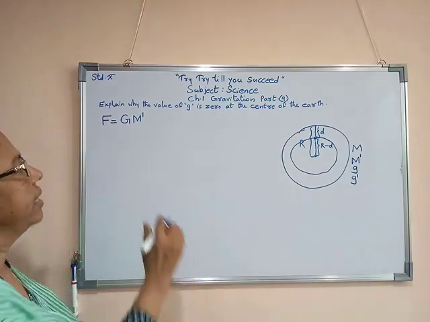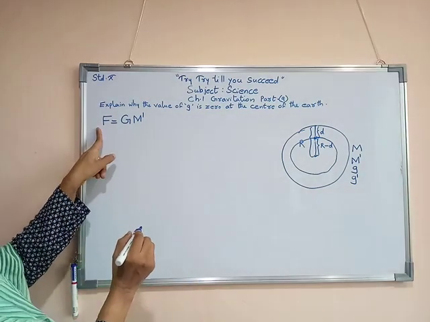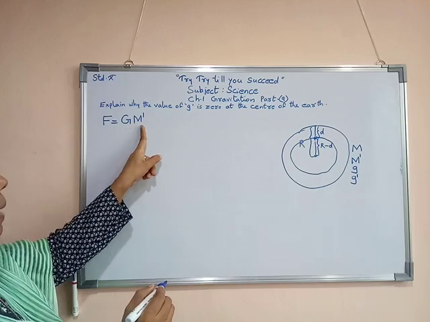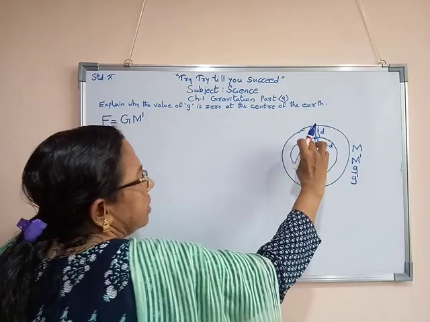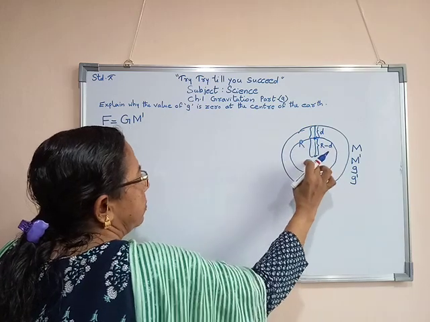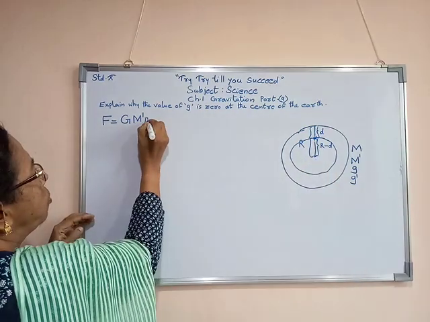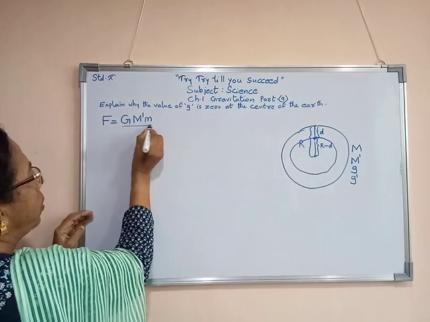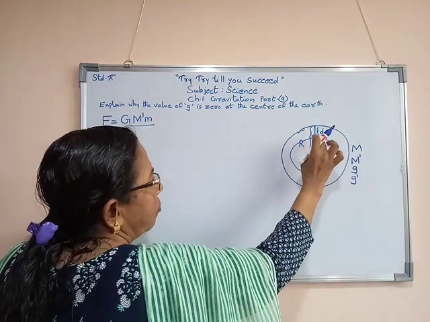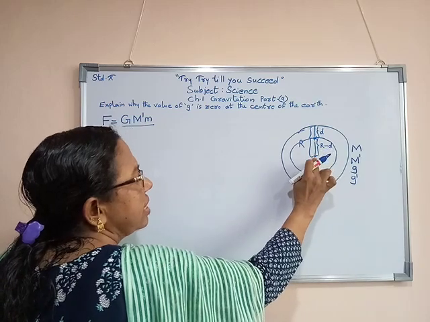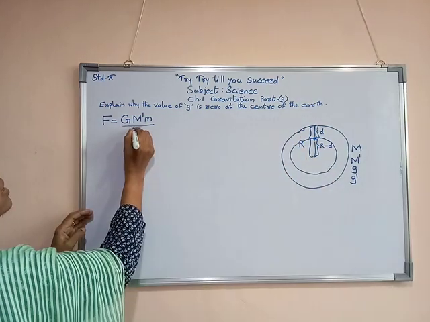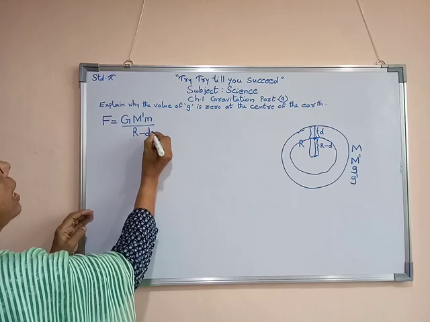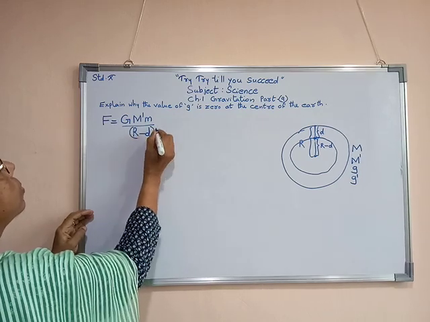For finding that, which formula are we using? F is equal to capital G into capital M dash, that is the mass of this sphere, into small m, that is the mass of the object, upon the distance of the object from the center of the earth, that is R minus d whole square.